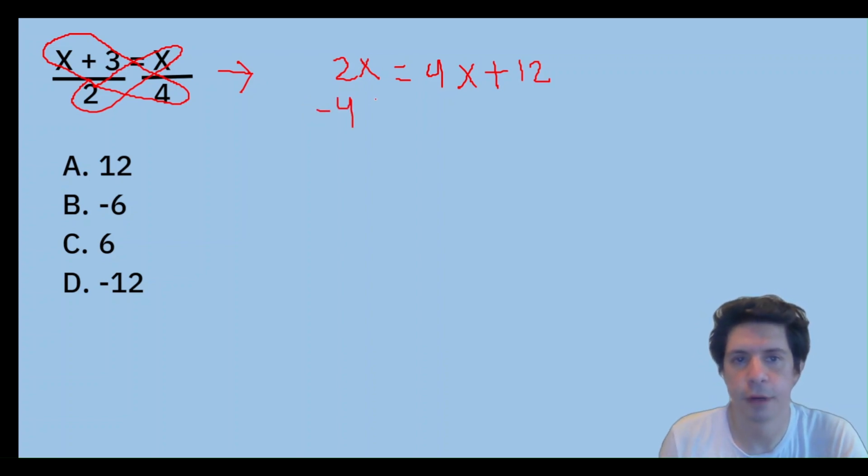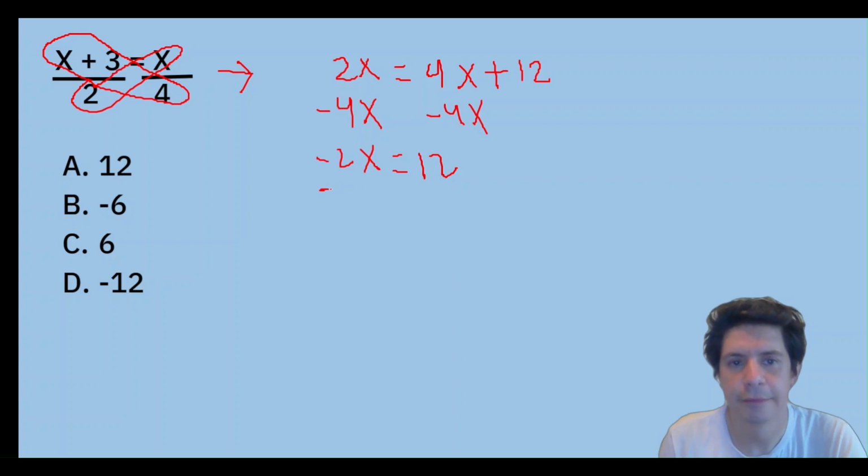So minus 4x, minus 4x, and you're gonna get -2x equals 12. And then you just divide by -2, divide by -2. And that gives you, in the end, x equals -6, right?